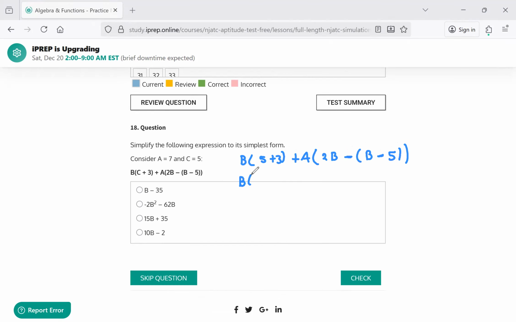It's going to be 5 plus 3 is 8, plus, oh, a is 7, so I should replace this a with 7. So it's going to be 2b minus b, and then that's 5.